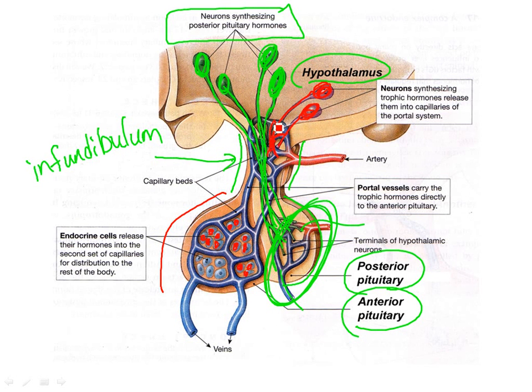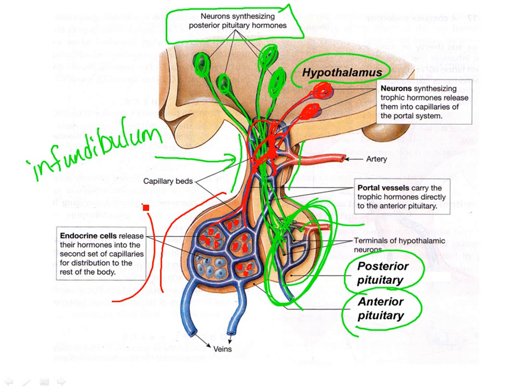So trophic hormones are going to be released into the capillary beds. Okay, so this capillary bed that's in the infundibulum is getting all these hormones from these other neurons in the hypothalamus. Now, those hormones from the hypothalamus are going to travel through this portal system or this network of blood vessels down to these epithelial cells in the anterior pituitary.